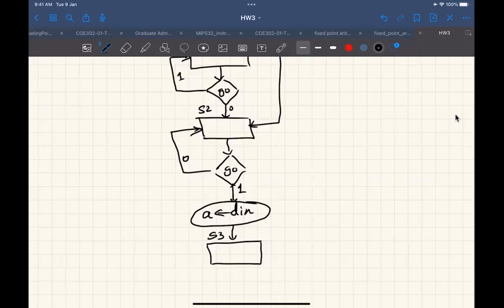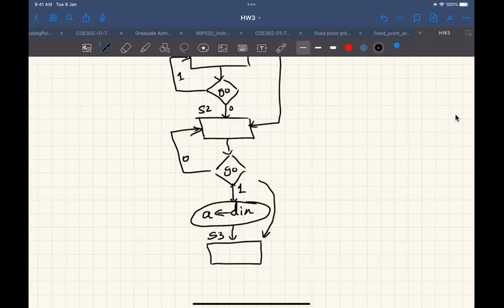Okay, so for reliability reasons, we can also look at the transition here. The transition here happens when go is 1, right?